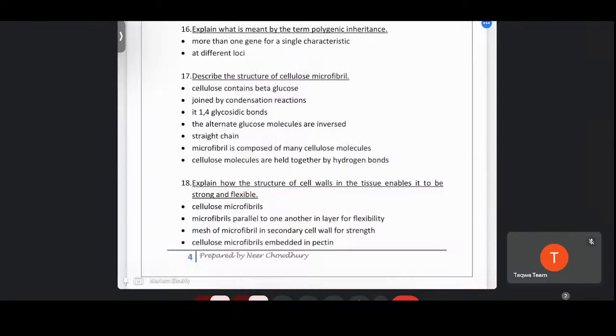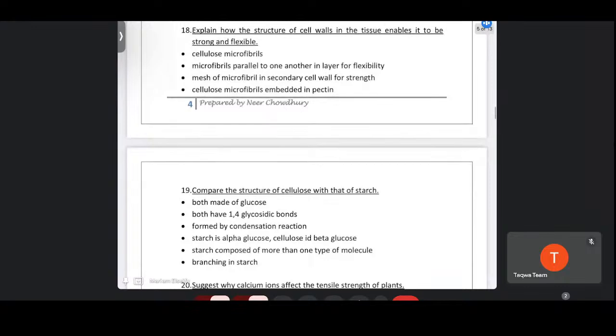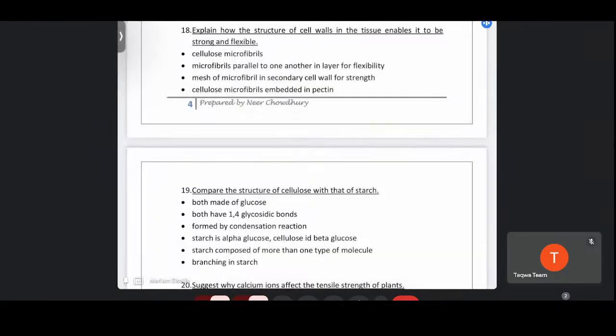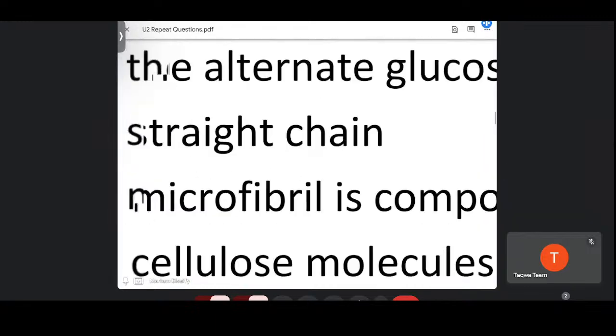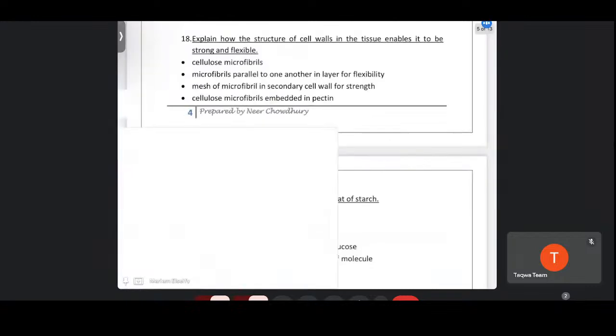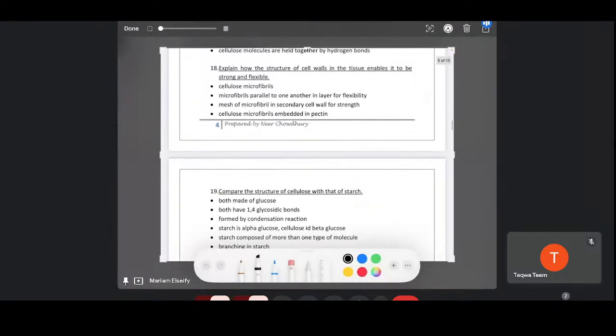Okay. Explain how the structure of cell walls in the tissue enables it to be strong and flexible. We've just said over here that it's straight chain, right? So basically, the cellulose is also used in that. Basically, cellulose microfibrils.